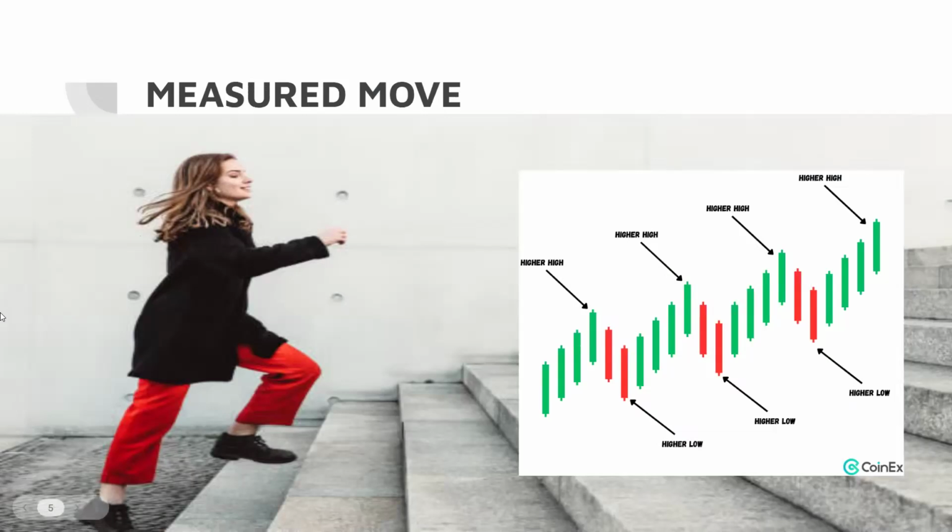And how does it move? It moves in a measured move. You can see the alignment of the stairs in a measured way so that you can step up properly without any strain. Higher high, higher low. This is the graphic representation. It is in a measured move. In a measured way, it is climbing up.